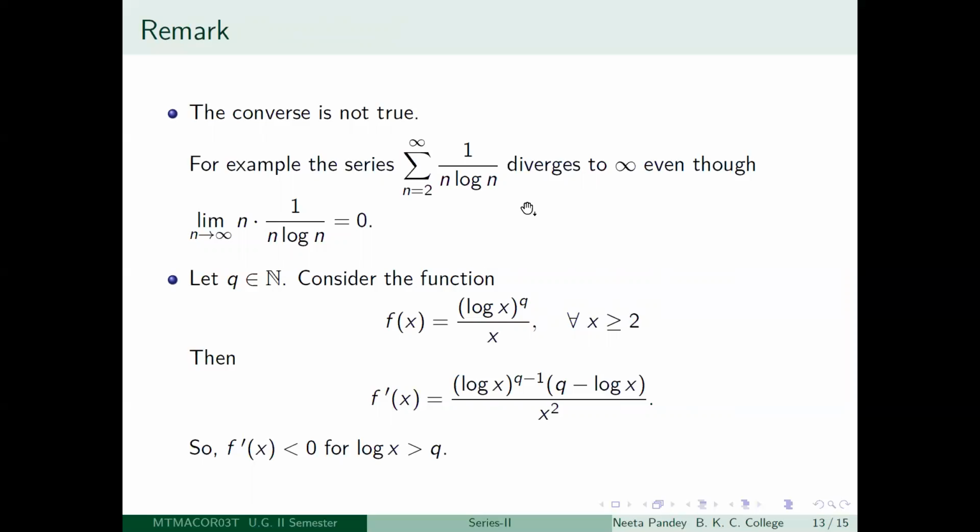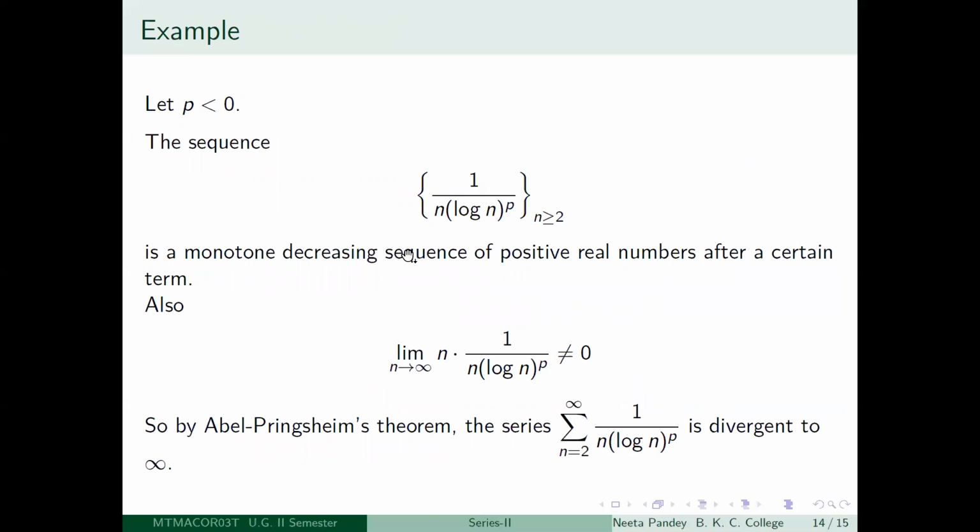Okay, and let us look at one more thing, which is basically I'm going to talk about this series again, summation n equal to 2 to infinity 1 by n log n to the power p, but now I'm assuming that my p is less than 0. That is the case which we have not discussed. For that, I will show that it will still diverge to infinity.